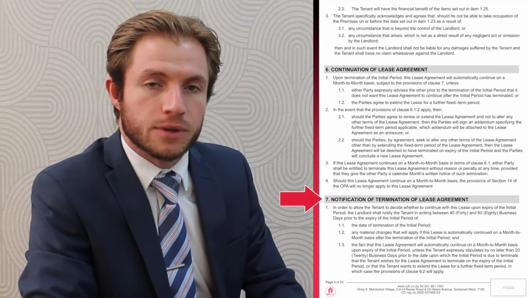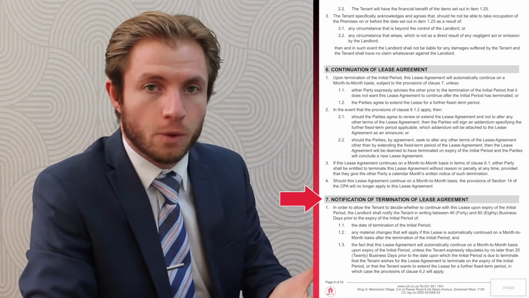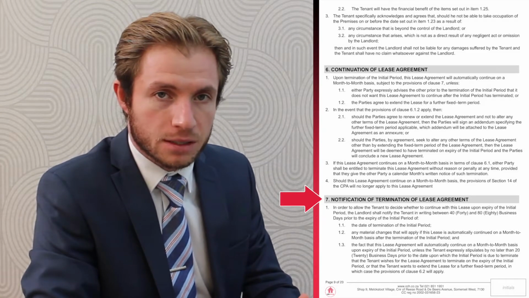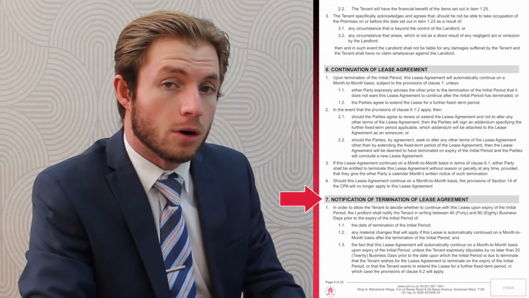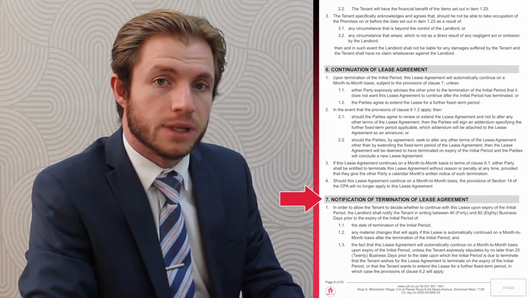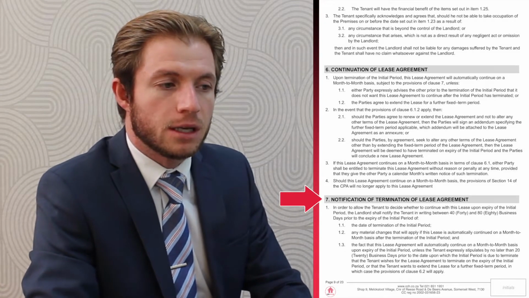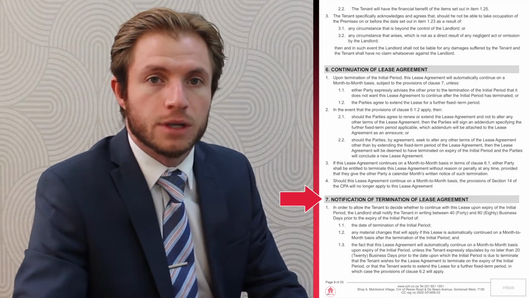You need to receive a notification, firstly informing you that this lease agreement will expire within the next 2 or 3 months. Secondly, it needs to ask you whether you are intending to stay on in the premises. And then thirdly, if so, you need to conclude a new lease agreement.